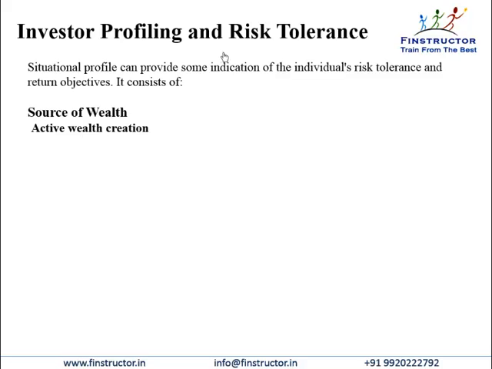So to begin with, we would like to understand our client and construct a situational profile of the client. This essentially is done to give us some indication of an individual's risk tolerance, that is his ability and willingness to take risk. So you need to first understand what is the source of wealth of the client.